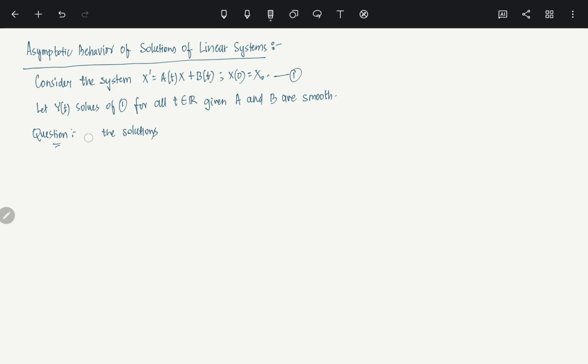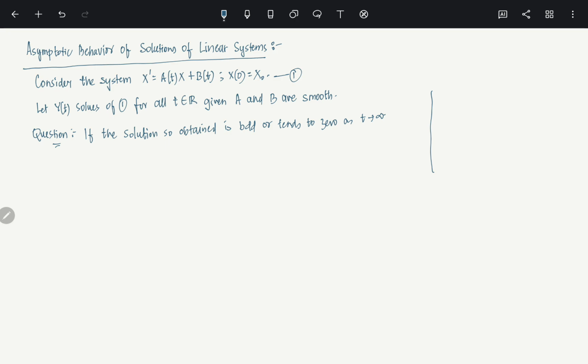So the question is, if the solution so obtained is bounded, or tends to 0 as t tends to infinity. Why t tends to infinity? That's the question. First of all, let us understand.